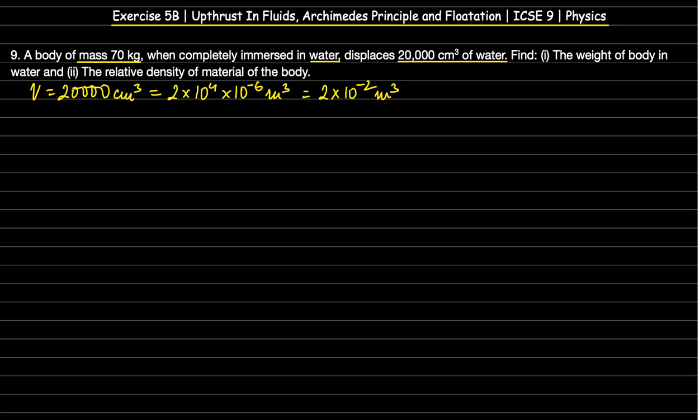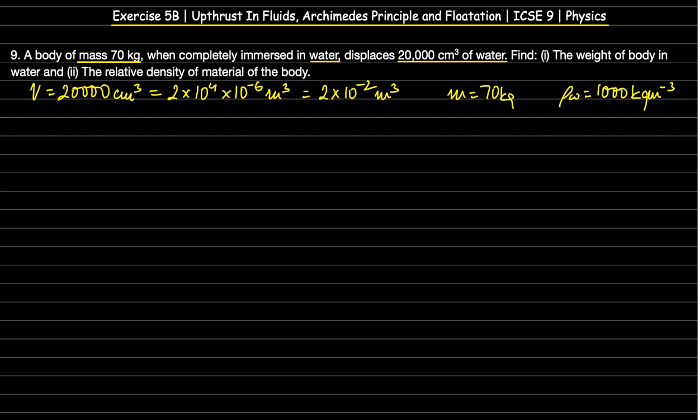Mass is given as 70 kg. So I would write M is equal to 70 kg. Since it is given water, density of water, we should remember it as 1000 kg per meter cube. Now we would be finding the weight of the body in air.